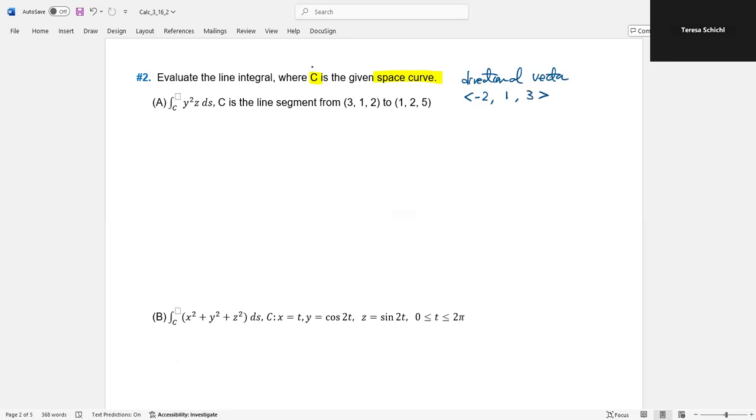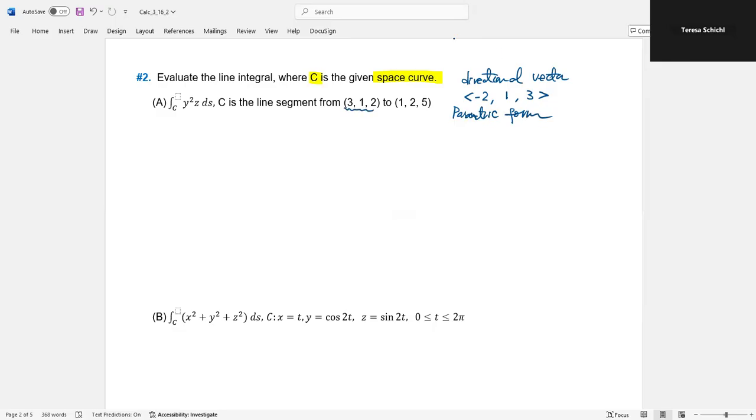From chapter 12, we talked about how to define a line in three-dimensional space. Now we put it in parametric form. We can pick a point, say (3, 1, 2).